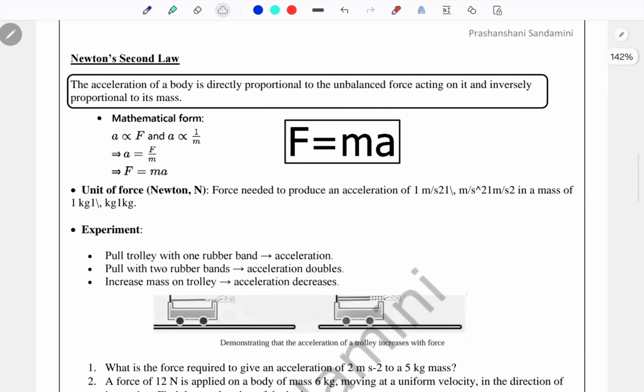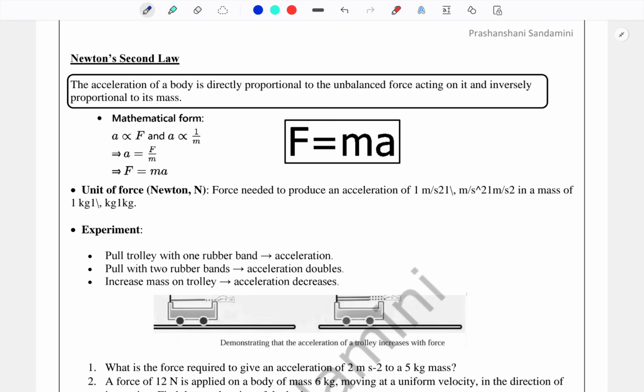So this is a very famous law because of this equation. When we are talking about Newton, this is a very famous equation, and you can't forget this until you are writing the exam, right? So let's see what this law means. The acceleration of a body.